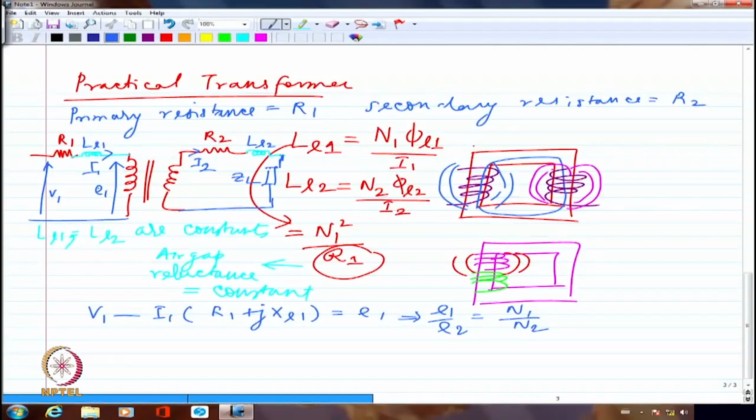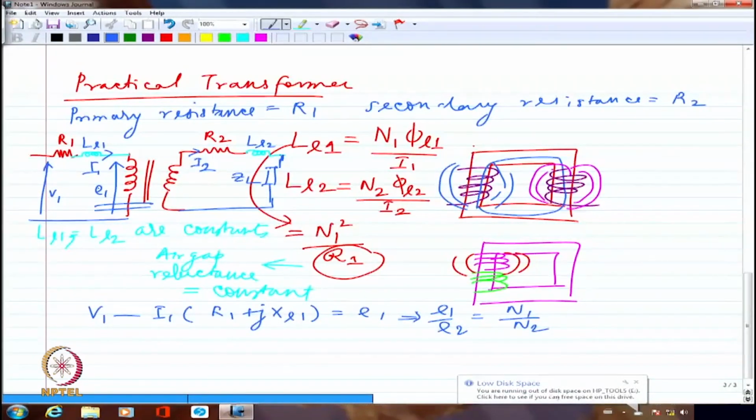So I would definitely have only E1 available across the primary winding, which will be instrumental in inducing a secondary EMF of E2. So the magnetic flux that is established in the core will correspond to E1 and not to V1. I hope you understand.